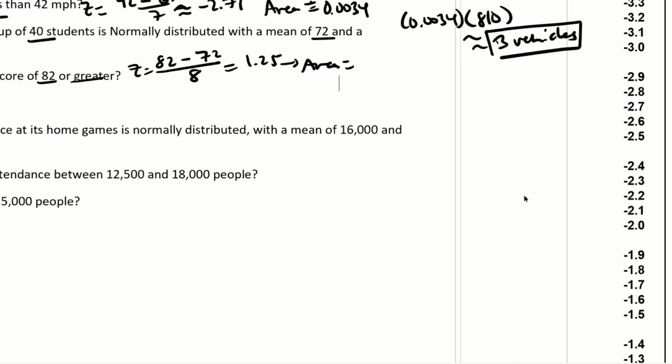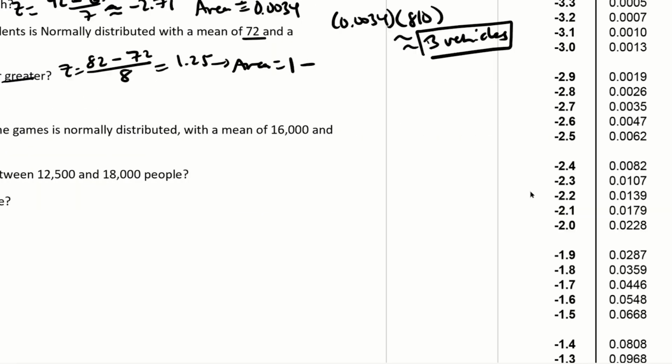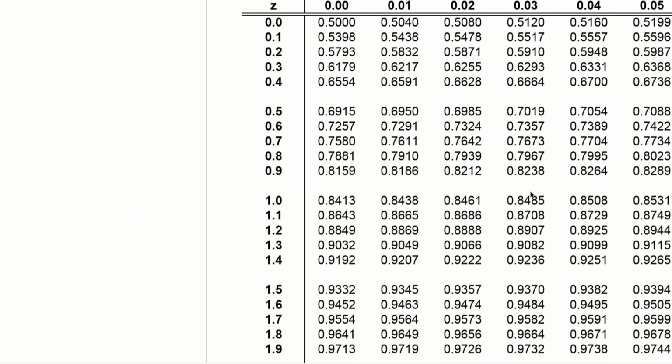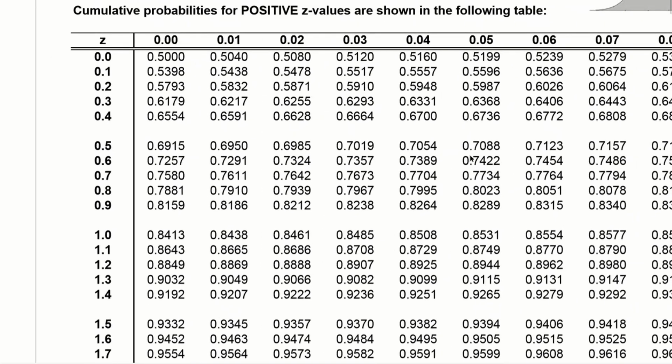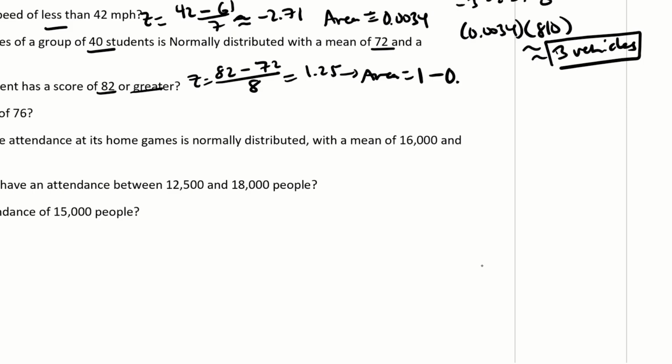Since we want it to be greater than, remember, that's to the right. The table gives you to the left, so you've got to do 1 minus whatever the table tells us. All right, let's go to the table. 1.25 is 0.8944. So 1 minus 0.8944 is 0.1056.